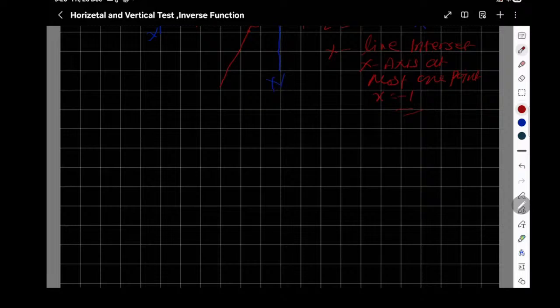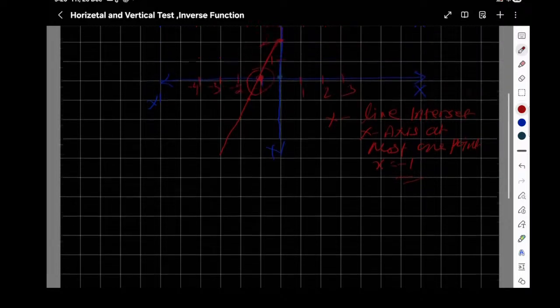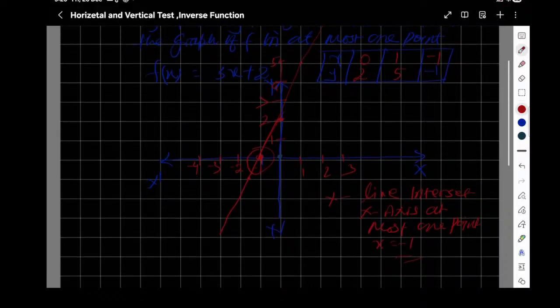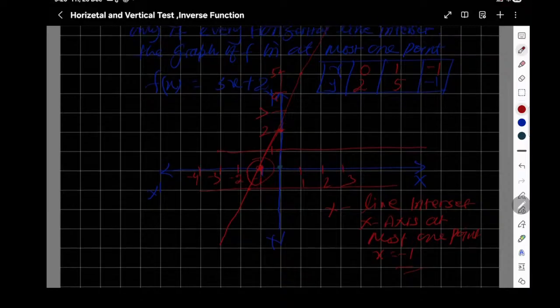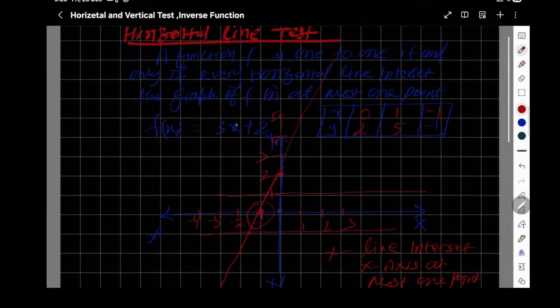This is very important. If I draw the line like this, the graph intersects at that point: x = 1, then y = 5, and x = -1, then y = -1.